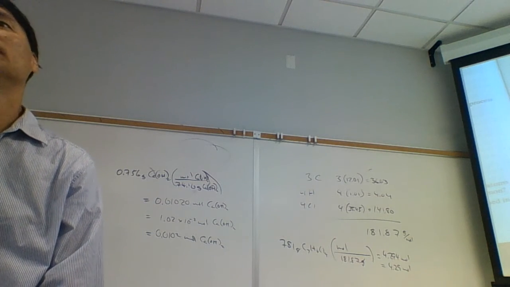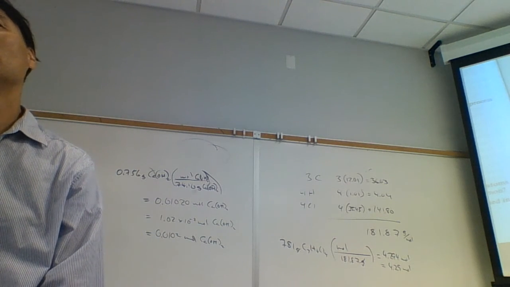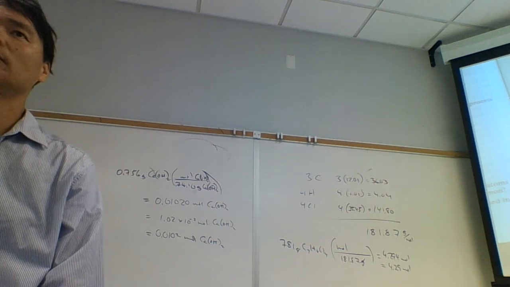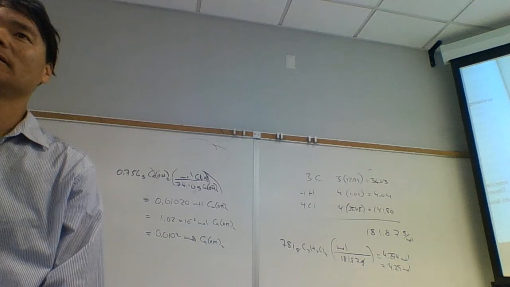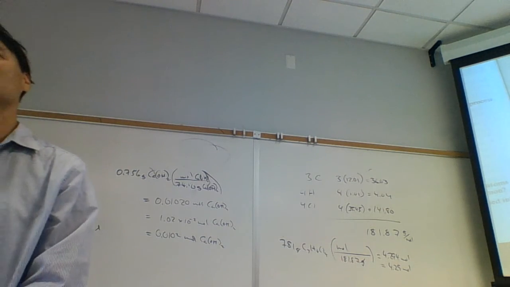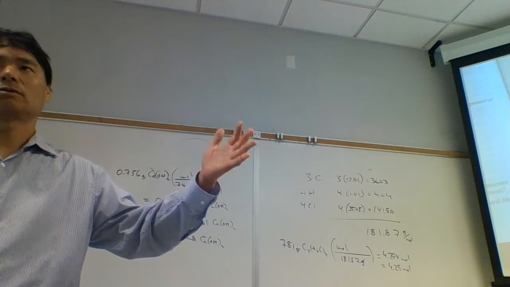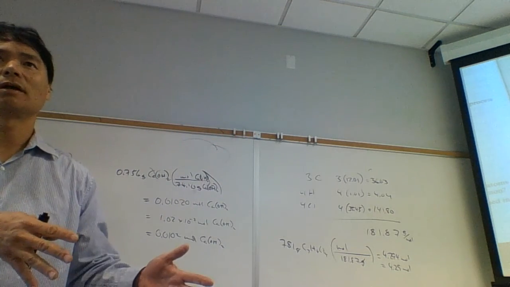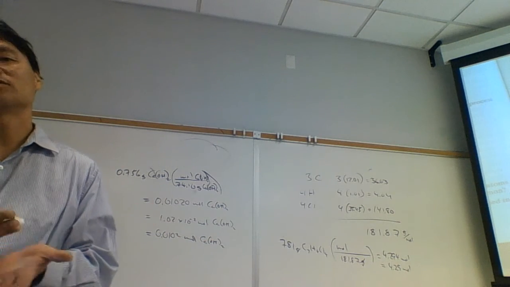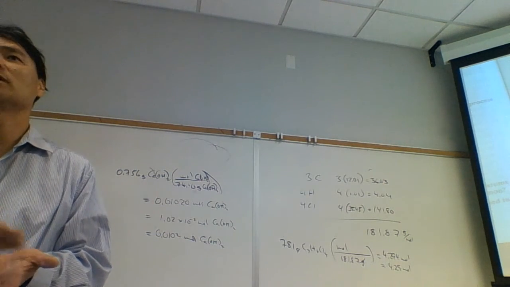But the thing is, the problem is this. People do the shortcut without learning the long way. The proper way of doing it is to do it correctly and then take the shortcut. But if you just go straight to the shortcut, then you don't know. Are you talking about formula units?